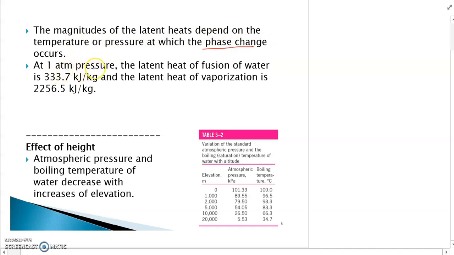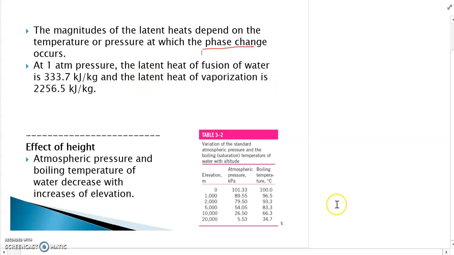So at 1 atm of pressure, the latent heat of fusion of water is 333.7 kilojoule per kg, and the latent heat of vaporization is 2256.5.